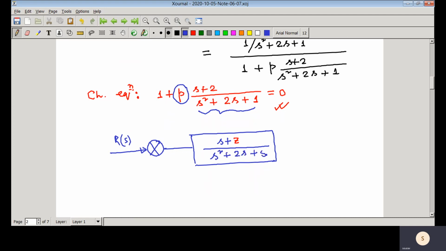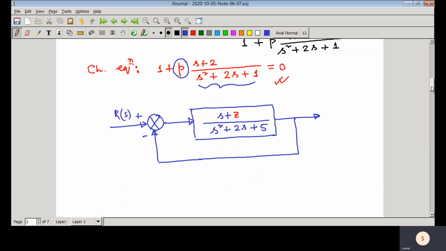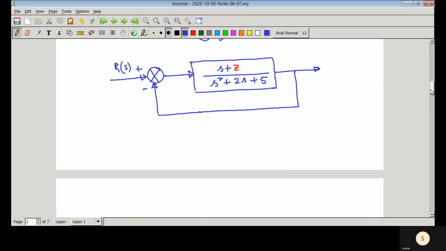Then how can we formulate this problem in the root locus framework? That is our objective. It is clear that whenever that zero is varying, the closed loop poles will also vary. If we represent it graphically, we can understand the location of the closed loop poles as the zero varies. So let us see how to formulate this problem.